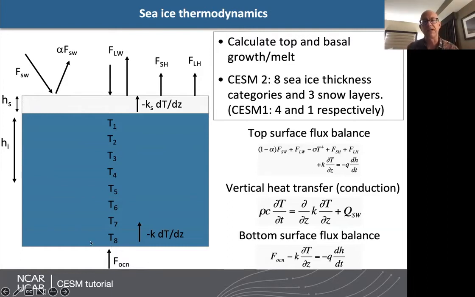And so we're solving an energy balance at the bottom where the heat available from the ocean is balanced by the conductive flux away from the bottom. And then similarly at the top, there's a net conductive flux into the surface layer. And this is balanced roughly with the absorbed shortwave amount, so the 1 minus alpha times the incoming shortwave. The longwave part of this, there's a net longwave heating at the surface. And then again, you have sensible and latent heat fluxes that are happening along with this.